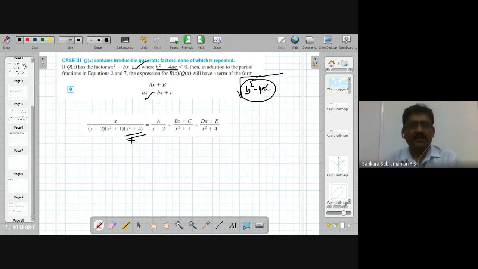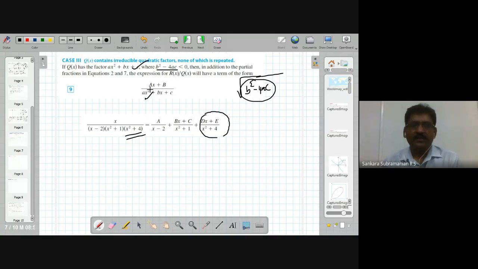So therefore, this can be processed in one particular form, right? Say x square plus 4 appears, which means you have to put some constant into x plus some constant, right? Suppose you have ax square plus bx plus c in the denominator, then you have to put a linear term ax plus b. Or in simple terms, you differentiate the denominator.